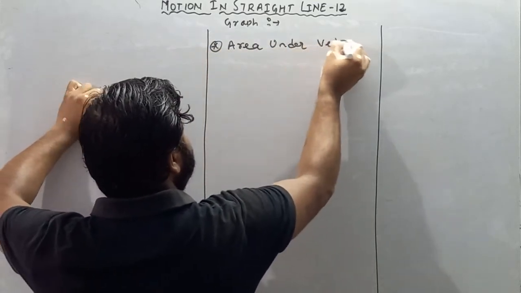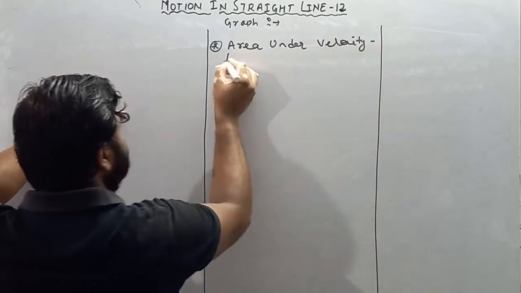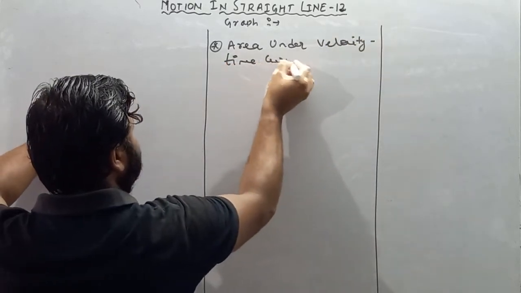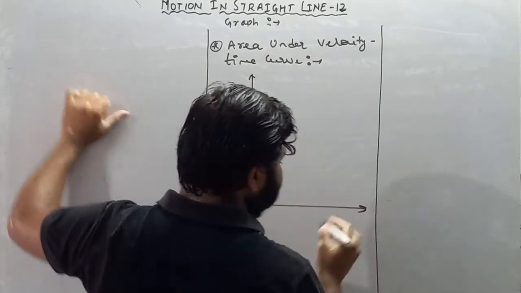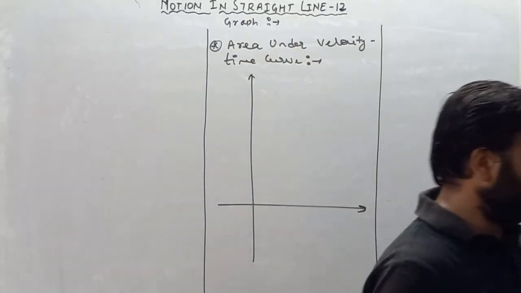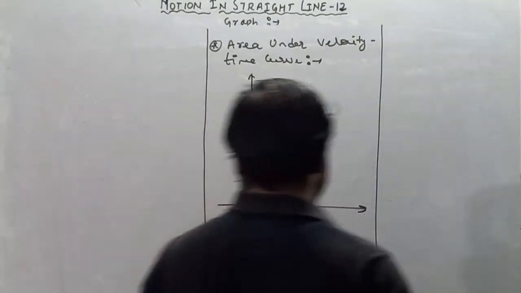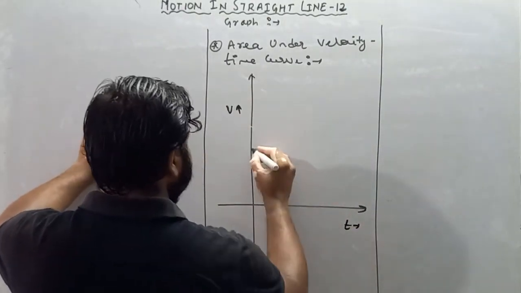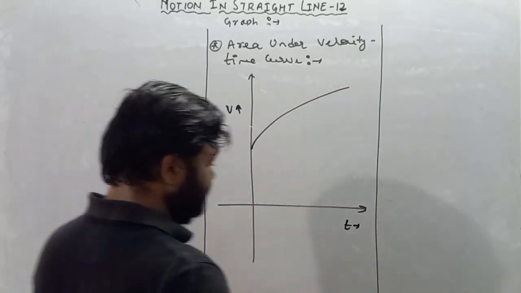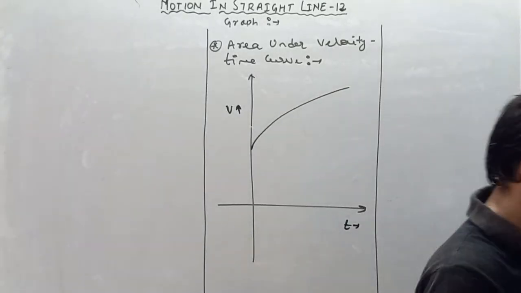So let's suppose a particle is moving in such a way that the graph is formed like this.